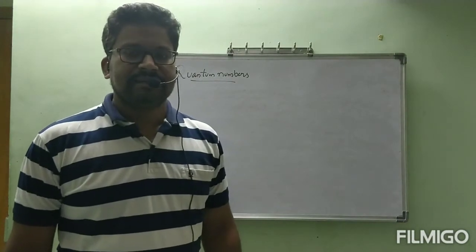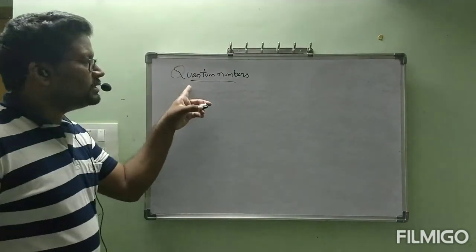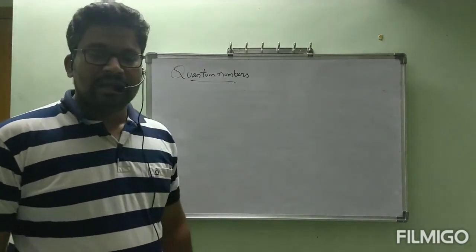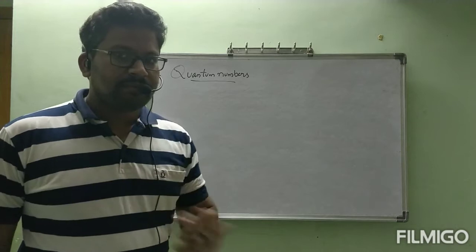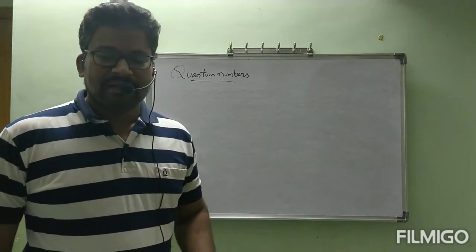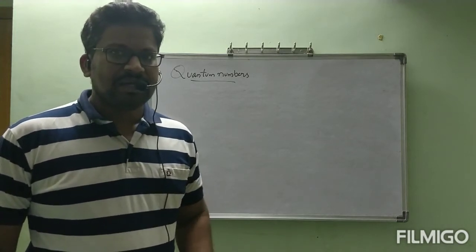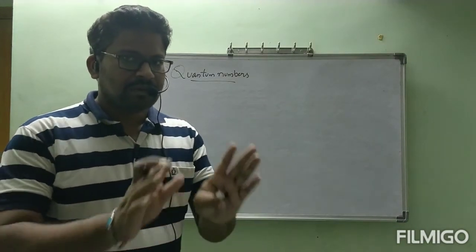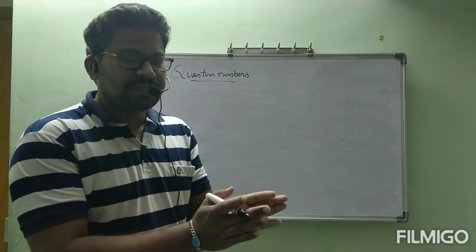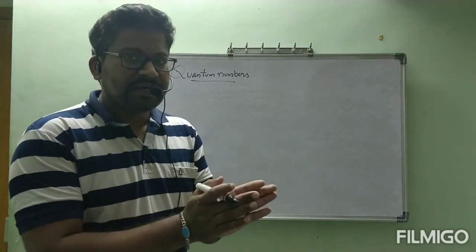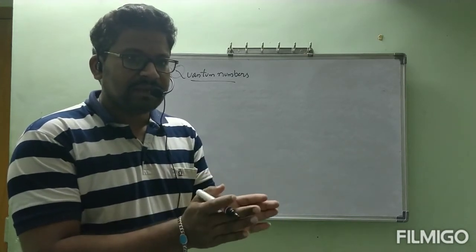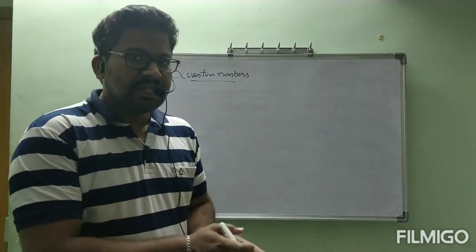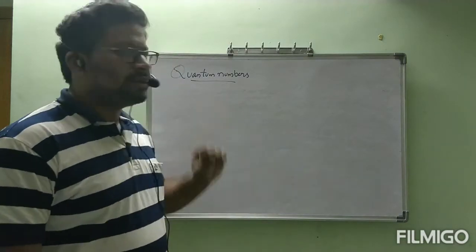Quantum means fixed, constant numbers. Actually, this is not based on any experimental proof. Some scientists gave some numbers to electrons, by which we can find the electrons present in a particular orbital, subshell, and main shell easily using these quantum numbers.